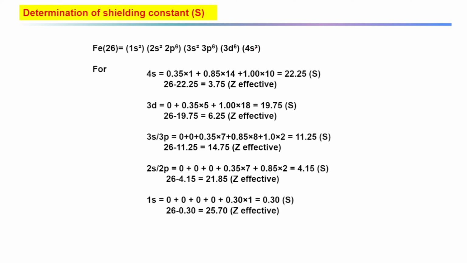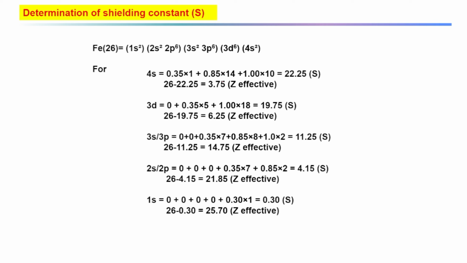For 1 electron, if we calculate, there is only one more electron in this 4s group, right? So from that electron we will get 0.35 shielding constant. That's why 0.35 into 1. Now these 14 electrons have the same principal quantum number but different azimuthal quantum number, so we will get 0.85 into 14.